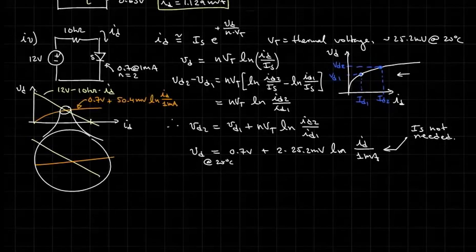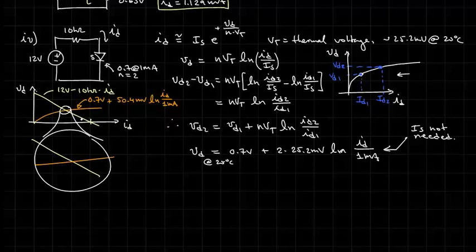Okay. So the solution for this version of the problem is going to be the intersection of the load line and the Shockley curve, which I've drawn here and zoomed in to show the intersection.